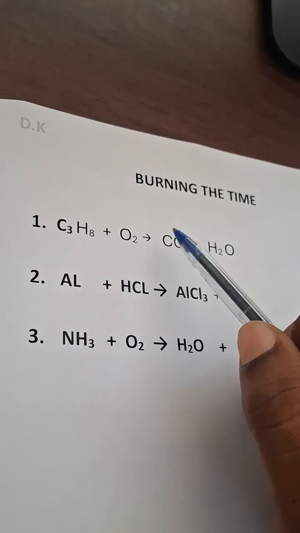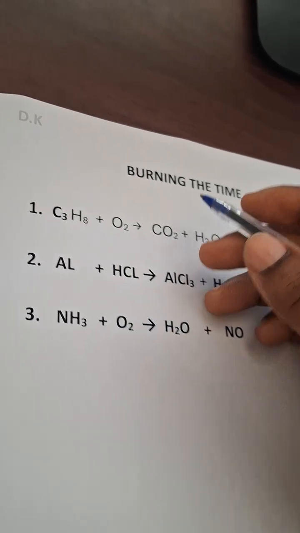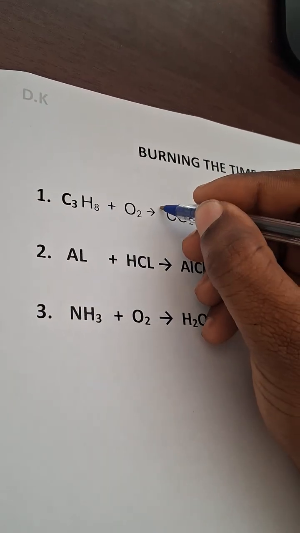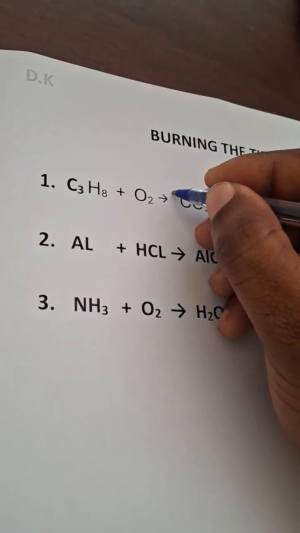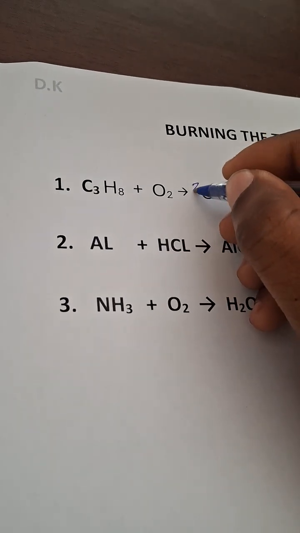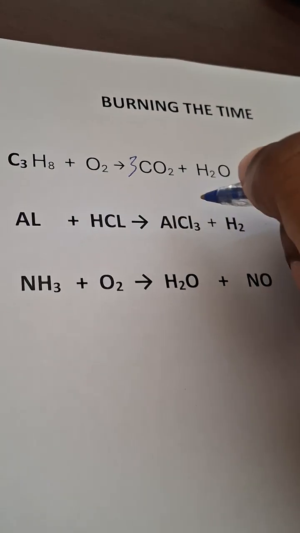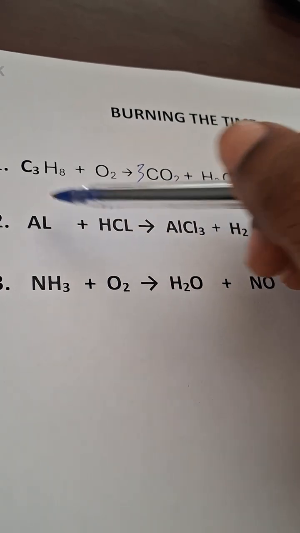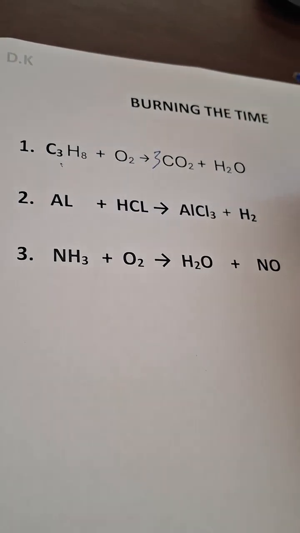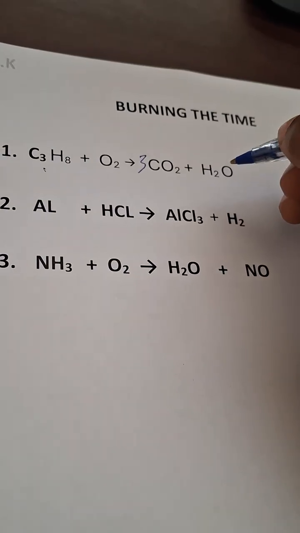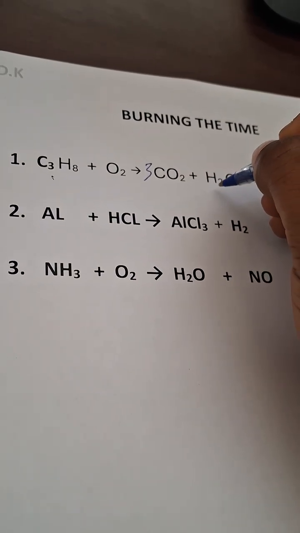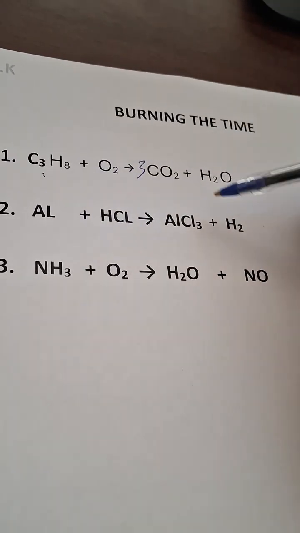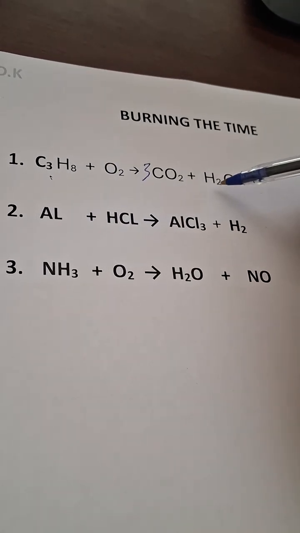Then we have this to be 1. So what do we do? Let's put 3 over here. When we put 3 over here, then we have 3 carbons, then 3 carbons as well. Then realize that here we have only 2 hydrogens, but over here we have 8, and the hydrogens are supposed to be 8 also over here.